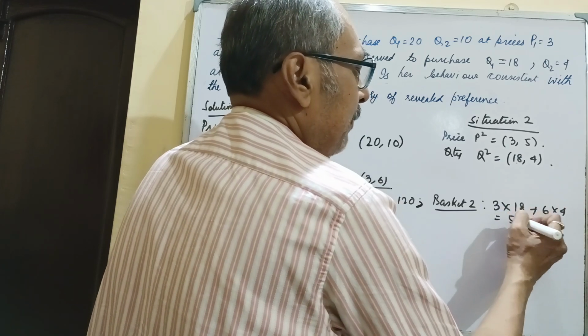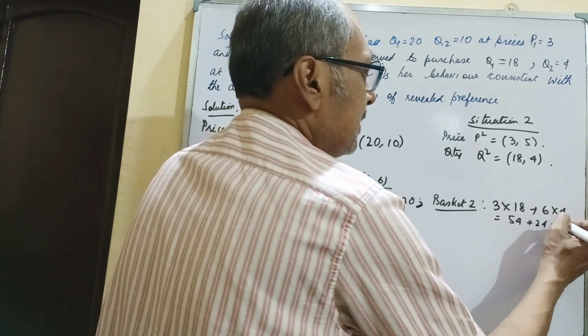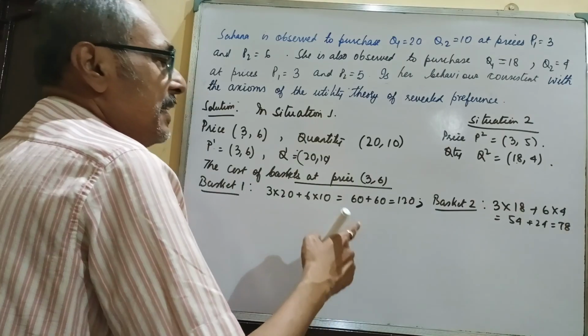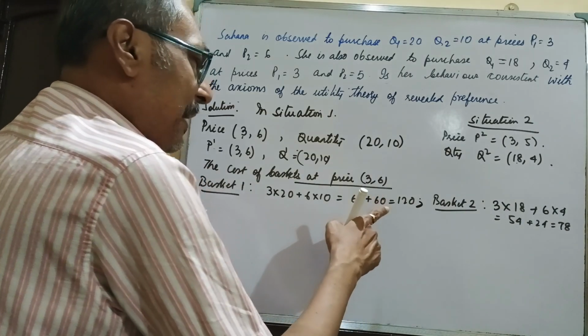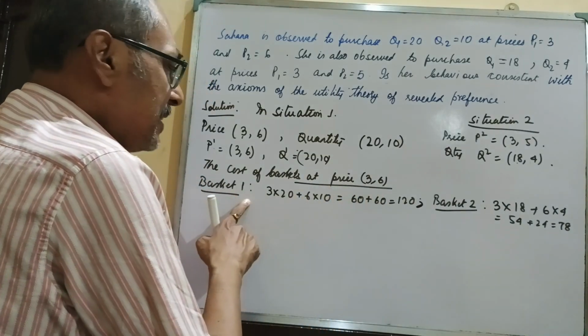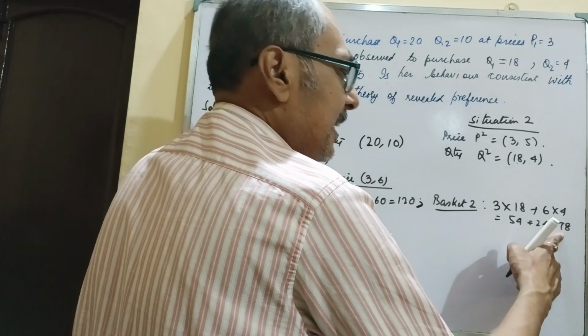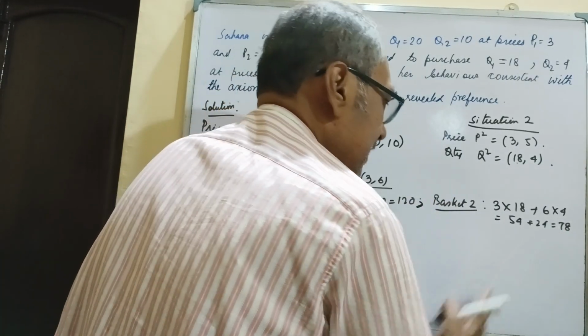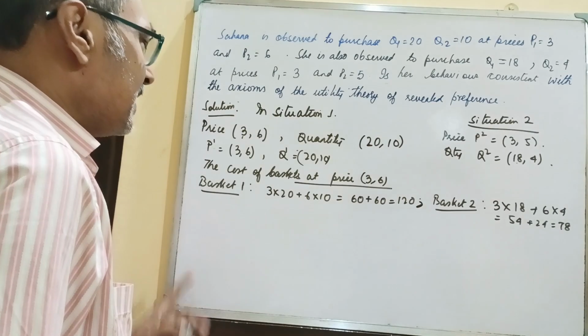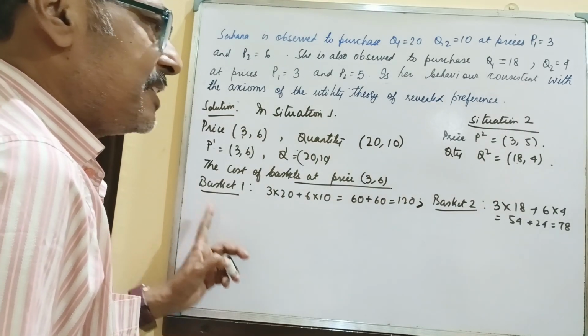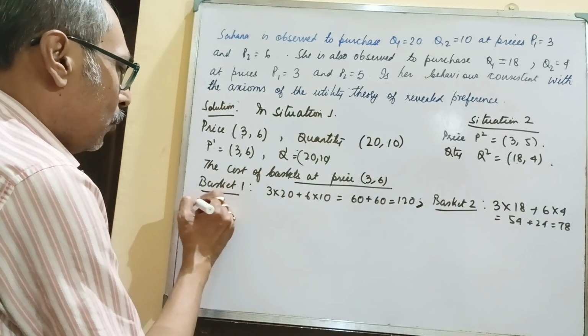This is 54 plus 24, this is 78. The expenditure for the first basket is 120 and the expenditure for the second basket is 78. What does it mean? Basket 1 is more expensive than basket 2.